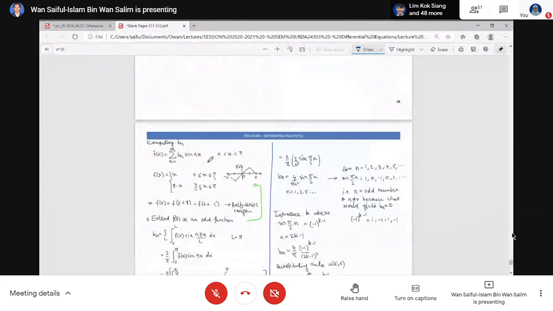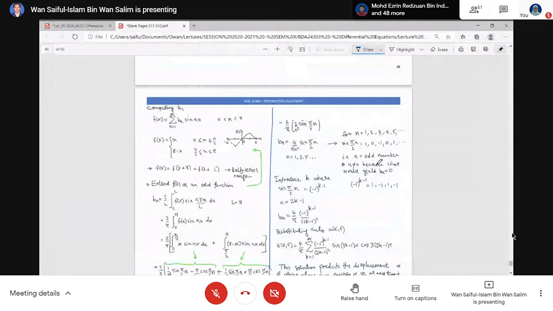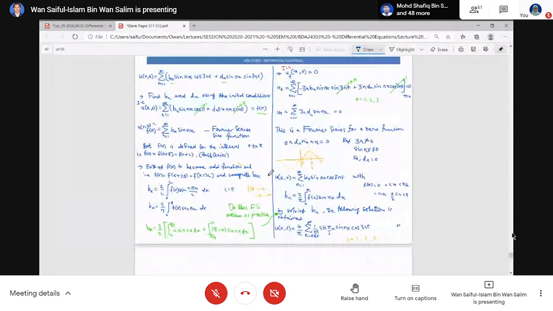To find Bn, I use this formula to find the coefficient of Bn, and then I end up having to do integration. Okay, so when I do integration, this is what I get. I get B of n, and then I introduce that value of k. So and then I substitute everything into my solution. Okay, right. So this is ni lah. Lebih panjang sikit lah kalau awak nak buat.